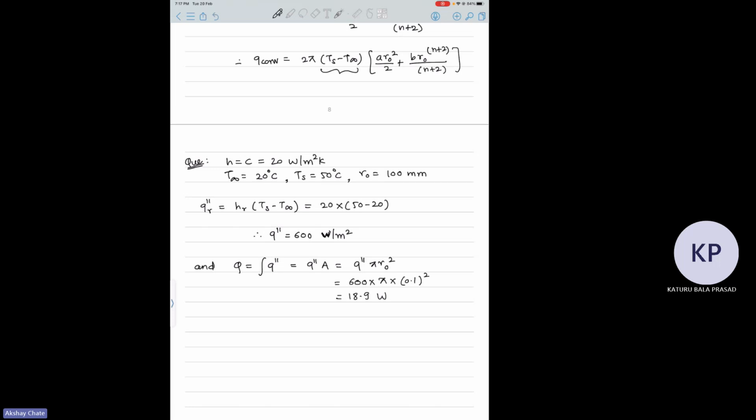Let me just see if I have missed anything or not. There are two problems, but let's go with the mass transfer.